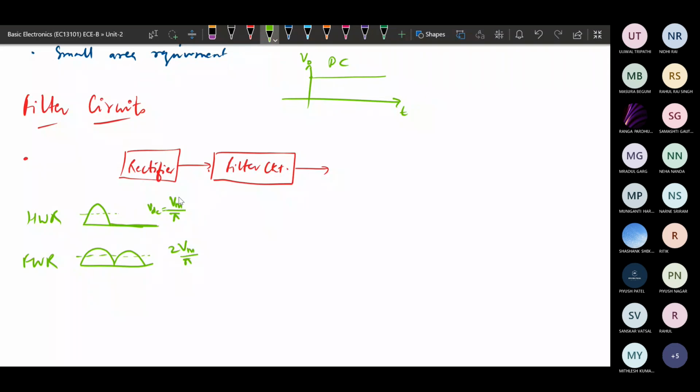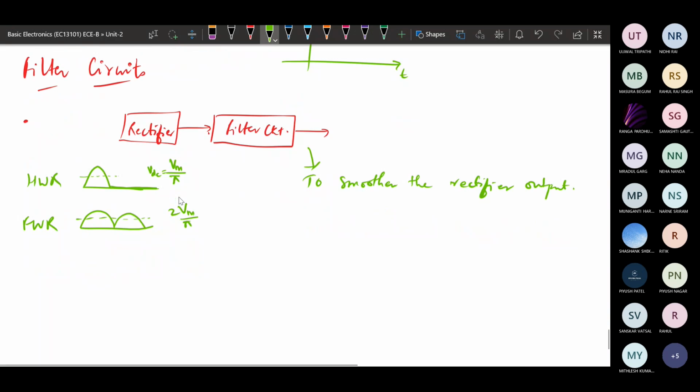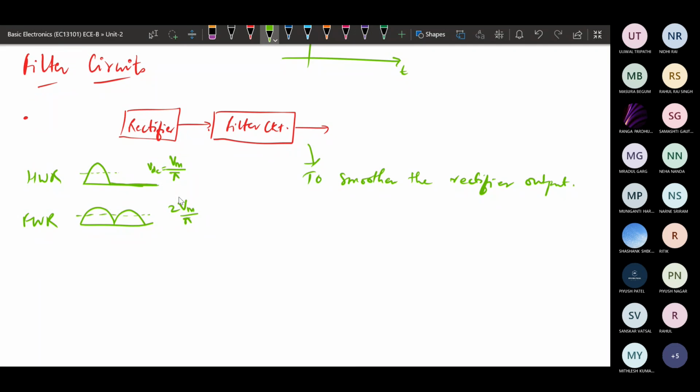So we need to have a constant value, and we will use some filter circuits. The role of these filter circuits is to smoothen the rectifier output. Suppose the rectifier output is in the form of current, or it could be voltage. It has a DC component, along with some AC component also, even after applying the rectifier circuit.